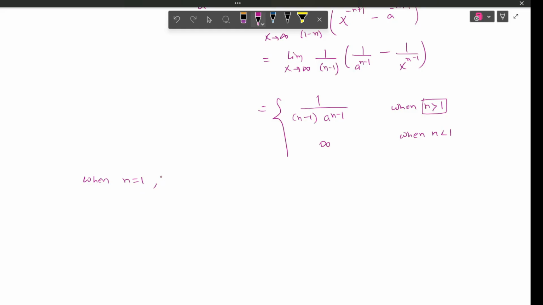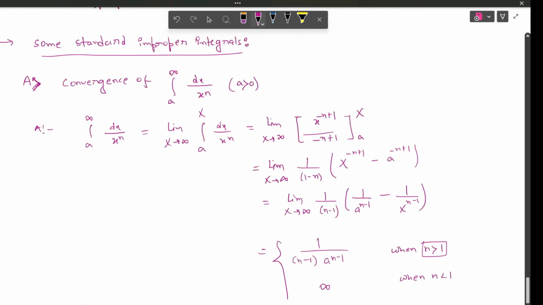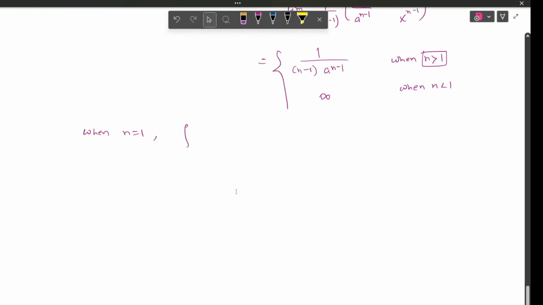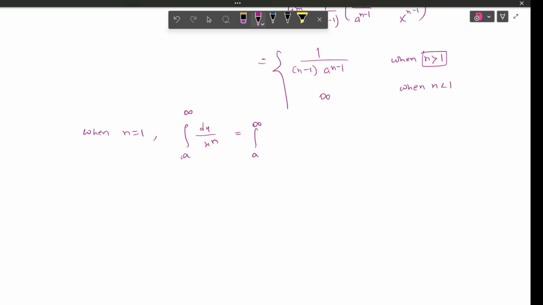And when n equals 1, the integral from a to infinity of dx by x to the power n would be the integral from a to infinity of dx by x.